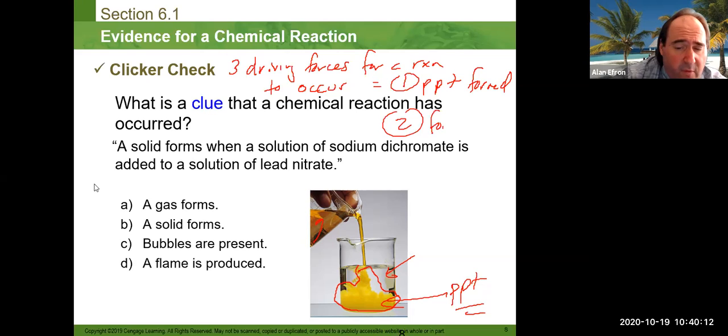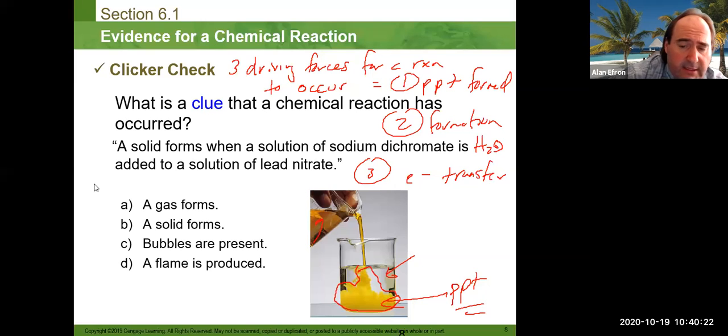The formation of water is another sort of driving force for a chemical reaction to take place. And lastly here, as we will talk about a little bit more in the next chapter as well, an electron transfer. So when we think about chemical reactions occurring, those are really the three important things that, again, are sometimes referred to as the driving forces for chemical reactions, basically to take place.